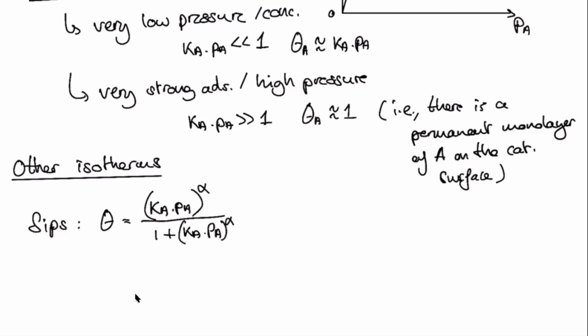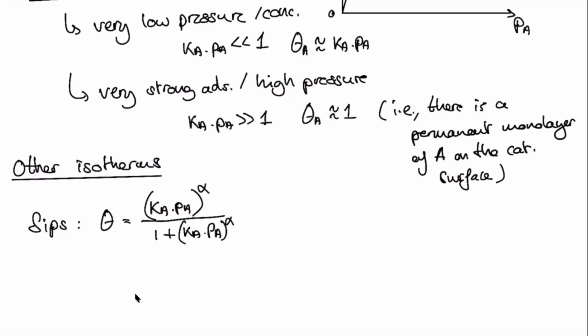And so the nice thing about Sips, what you implicitly assume with the Langmuir isotherm is that the binding energy of the site is the same for all sites. What you have in the Sips isotherm is you say, okay, not all the binding sites are the same.